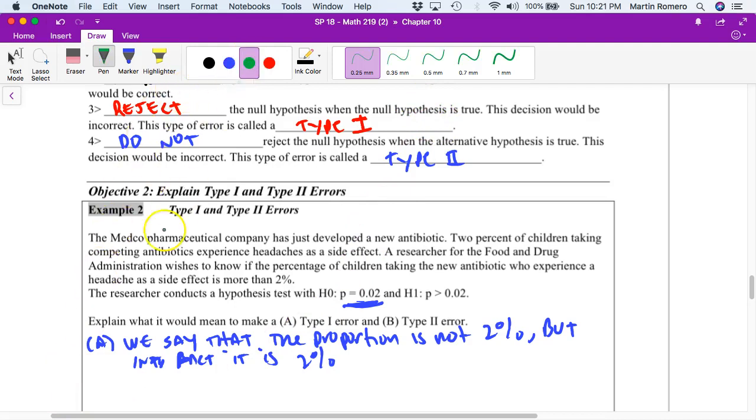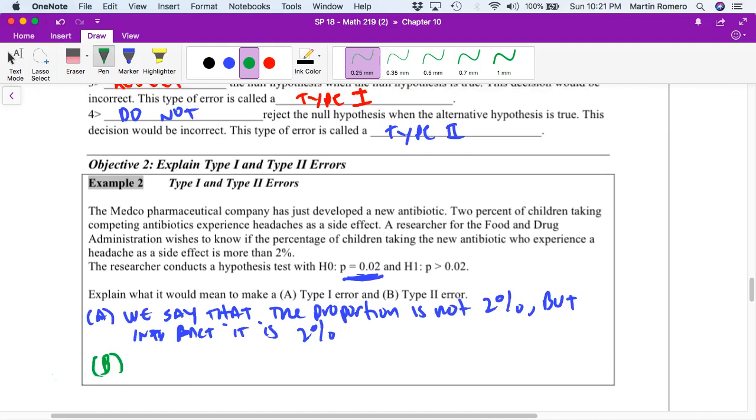A type 2 error, that would be part B. Type 2 error is to not reject the null hypothesis when it is false.